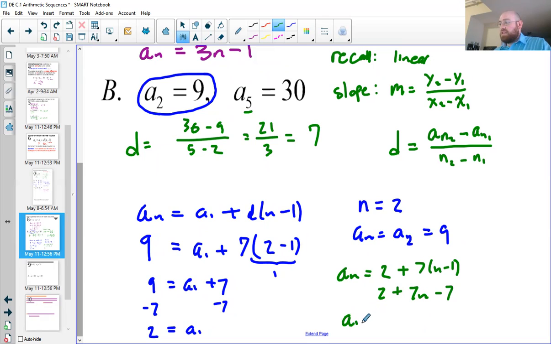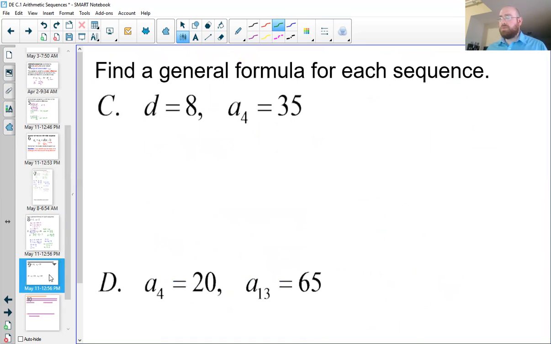And then finally, combining like terms, AN is equal to 2. Nope, I need to combine my like terms. So AN is going to be equal to 7n minus 5. And that gives us our rule. I do want to do just a couple more examples.